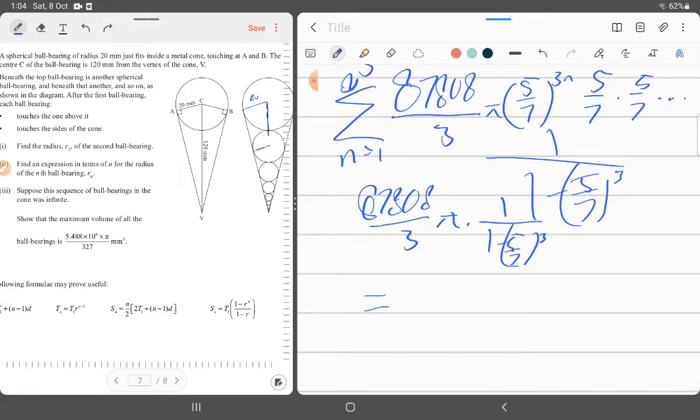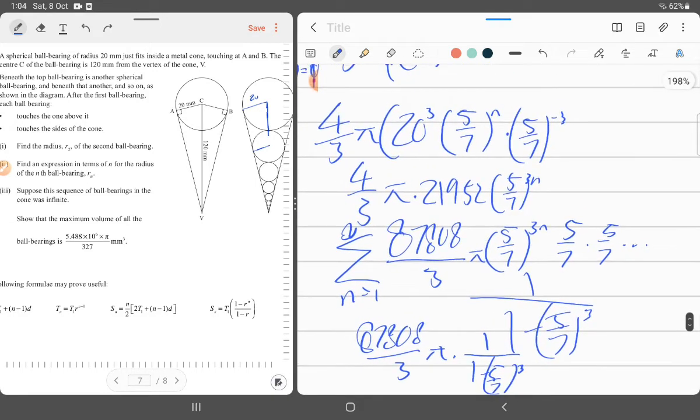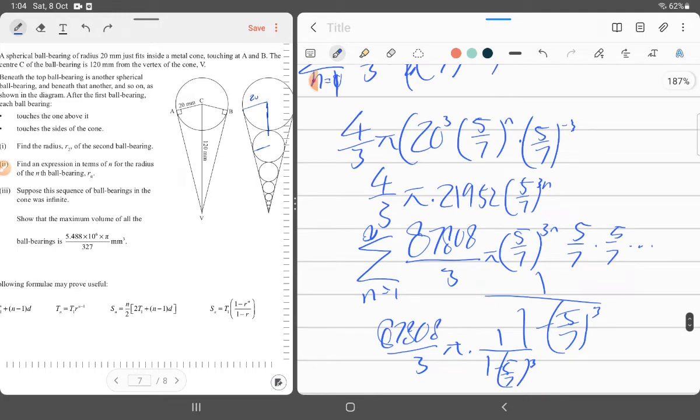Why is my calculator not showing it as fraction? Can I just, hmm.